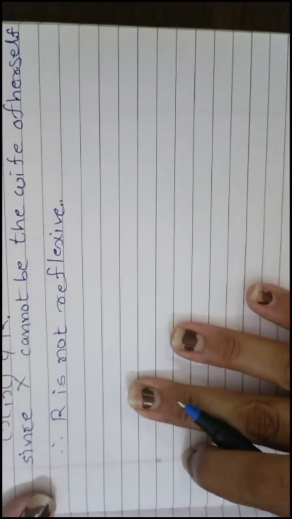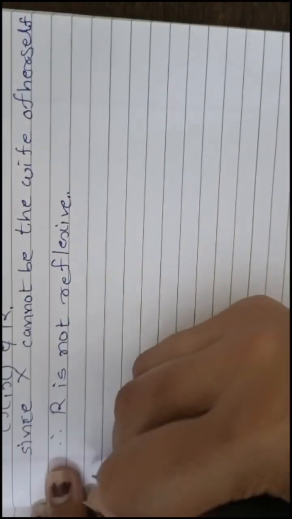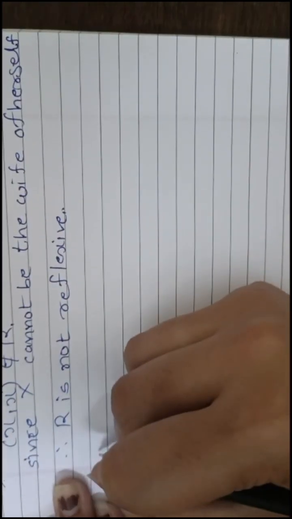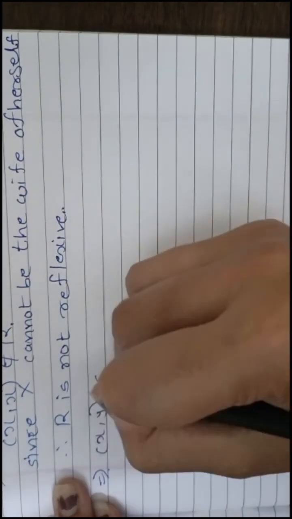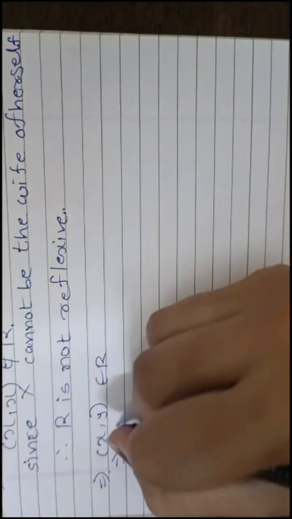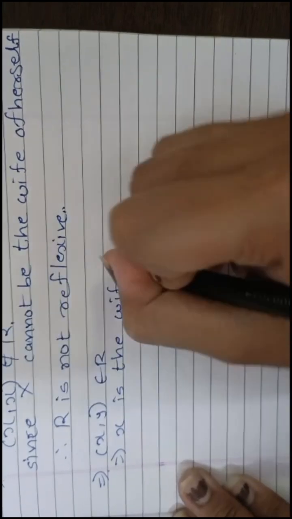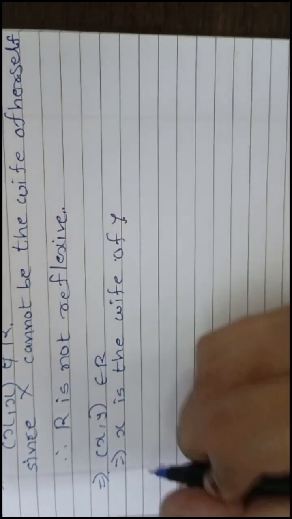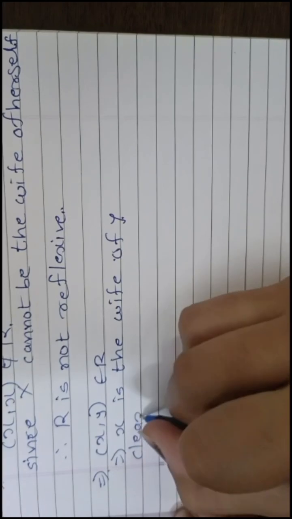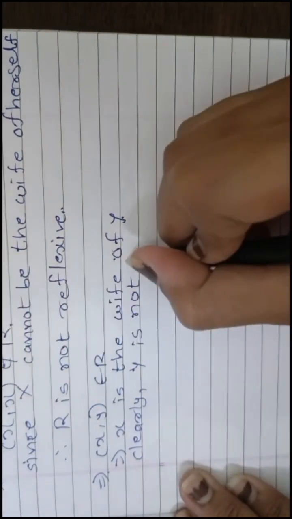Next, we will check for symmetricness. Let (x, y) belong to R, which implies that x is the wife of y. Clearly, y is not the wife of x.